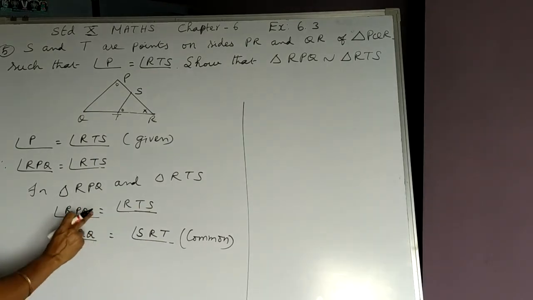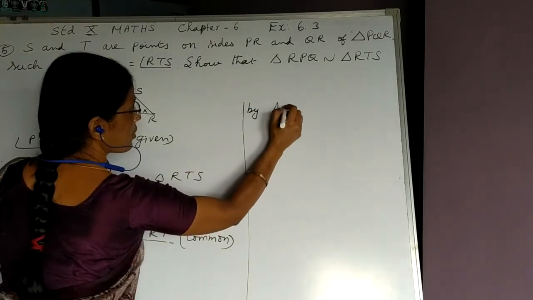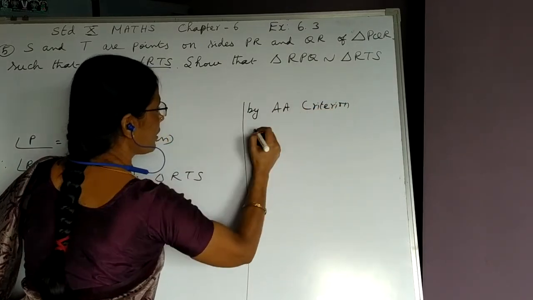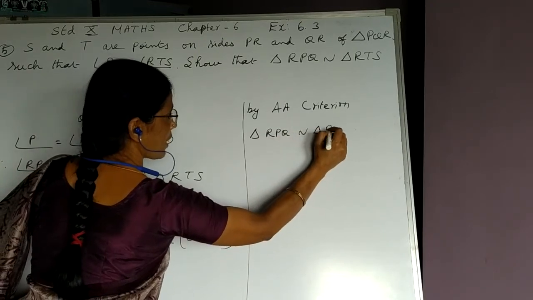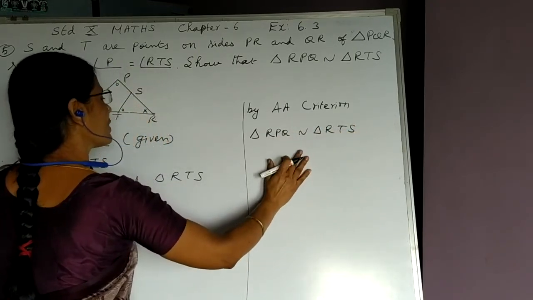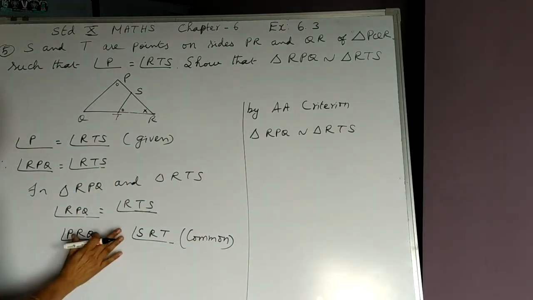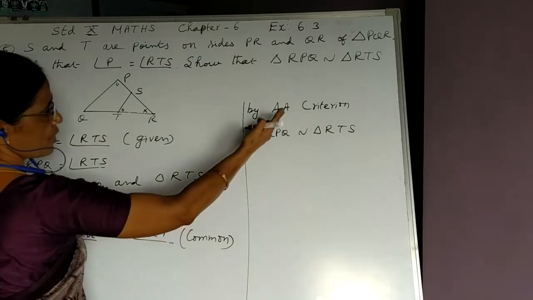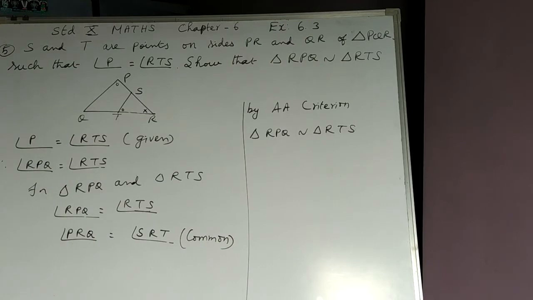Therefore, how many pairs of angles did we get equal? Two angles. Therefore, by which criterion? By AA criterion, triangle RPQ is similar to triangle RTS. The proof is very simple. One pair is already given and one angle becomes common in both the triangles. Because we got two pairs of angles equal, we use the AA criterion, hence the triangles become similar.